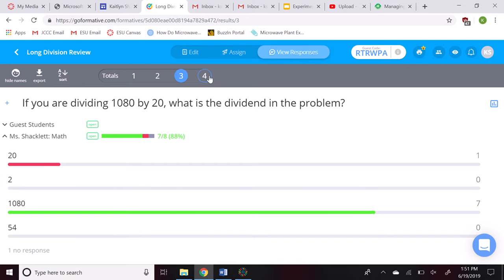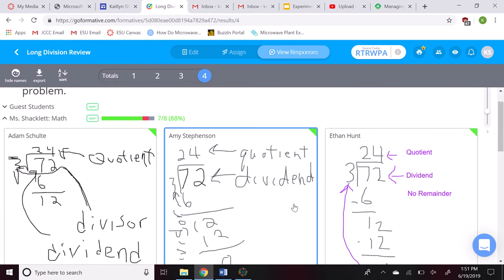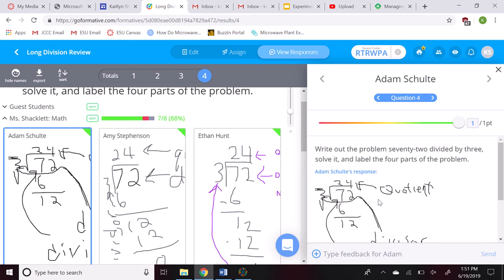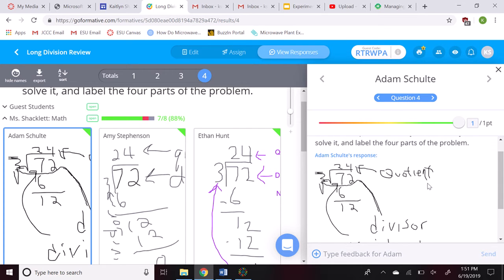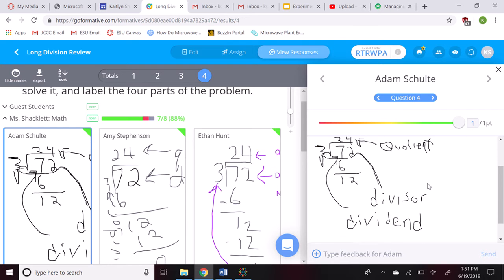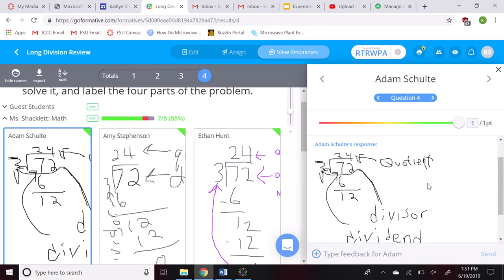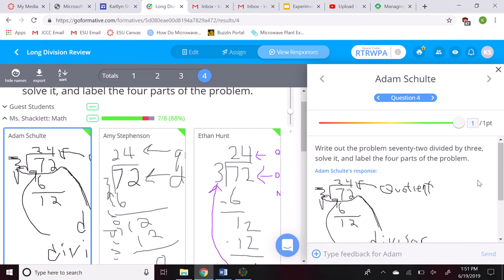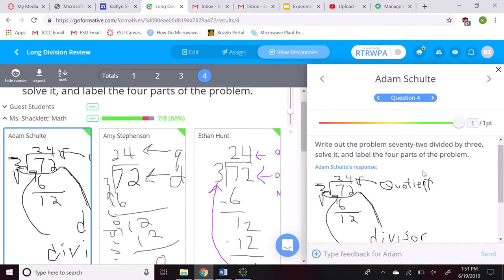So just remember that. And our last one combines everything we learned in this review here. So let's go through. We had to write out the problem, solve the problem, and then put in the 4 parts of the problem.